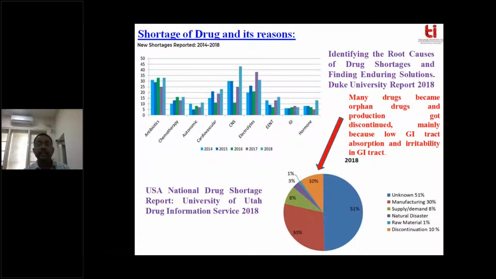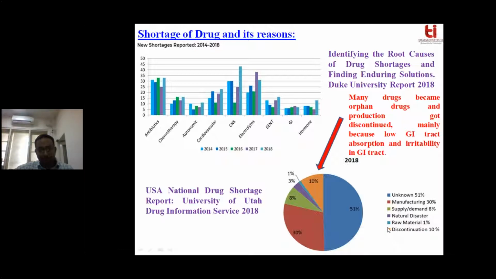But before we go into that, nowadays we are running out of drugs, and it has many reasons. Reasons include manufacturing: some drugs are really good but difficult to manufacture. Supply and demand are also factors, and half of the reasons are actually unknown.